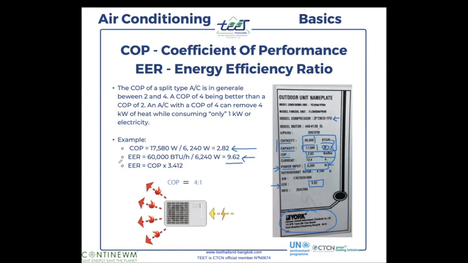And basically, for air conditioning, the EER is always equal to the COP multiplied by 3.412, okay? It's very simple because this is exactly the same ratio when you transform. If you want to know how much BTU a cooling capacity in watt is, you multiply by 3.412, okay?